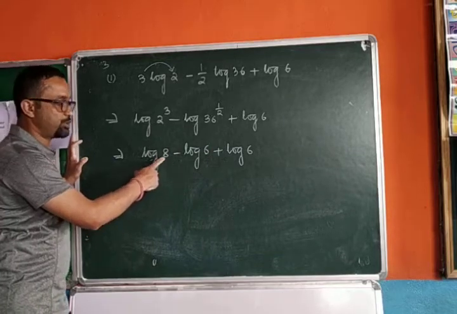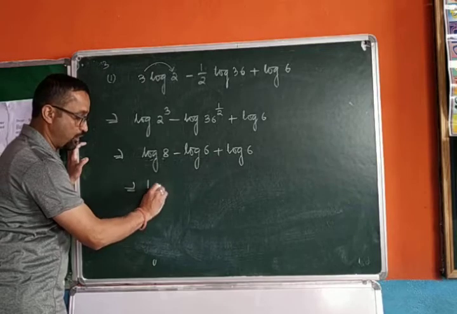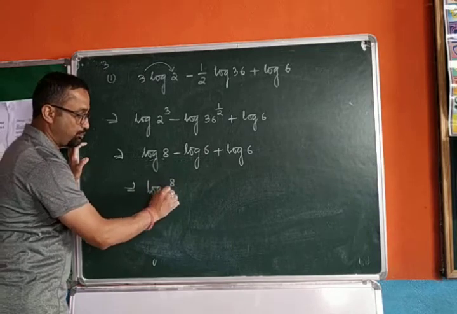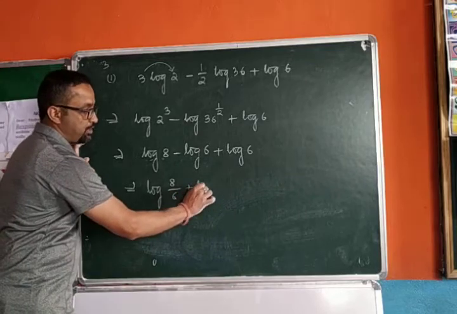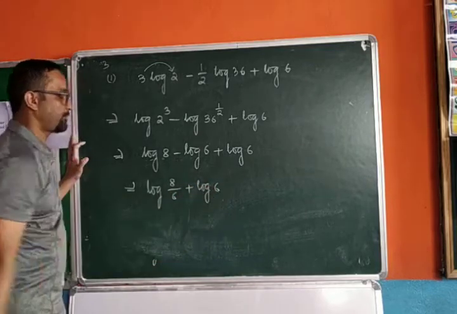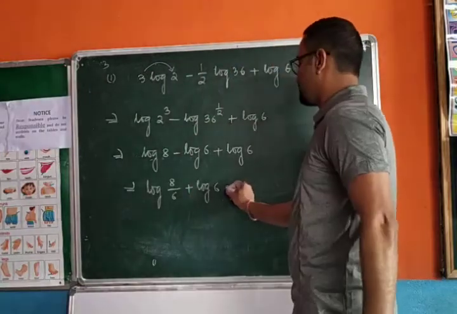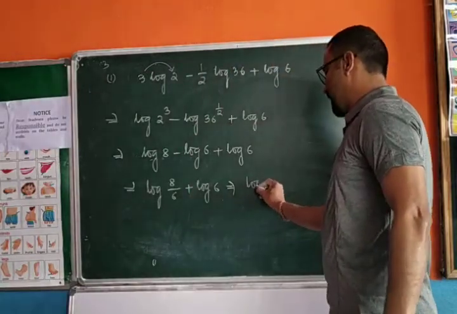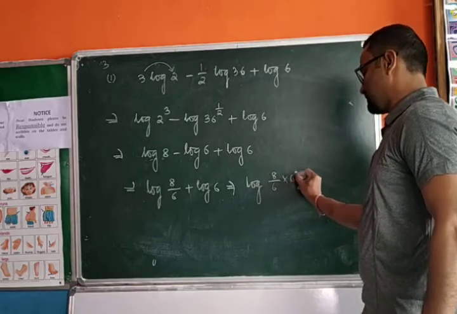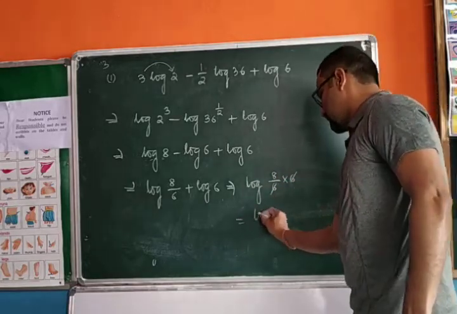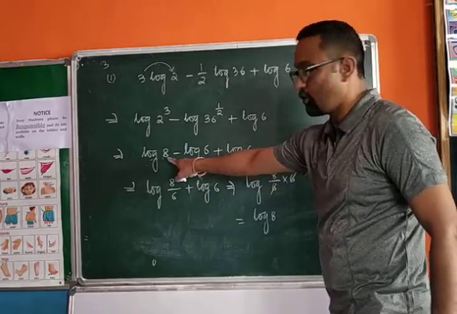In between first and second logarithm there is a minus sign, so you write one log, 8 upon 6, division, plus log 6. In between there is a plus sign, so it multiplies: one log, 8 upon 6 into 6. Cancels. You get log 8, or you can cancel here. Log 8 is the answer.